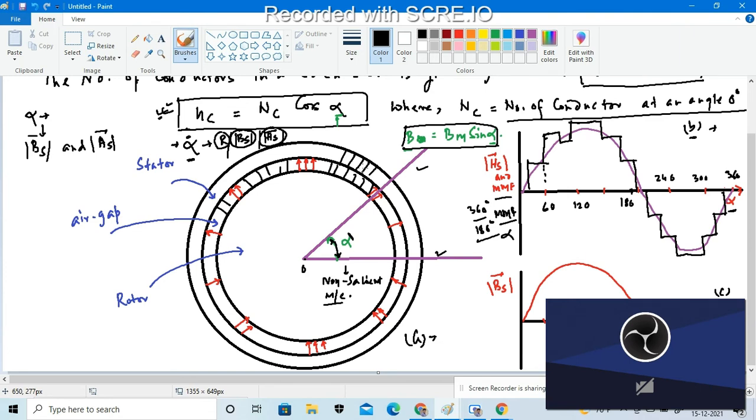That means the magnitude of the flux density. So depending upon the three parameters we have a variation of alpha, and that is actually one design aspect of an AC machine rotor design.